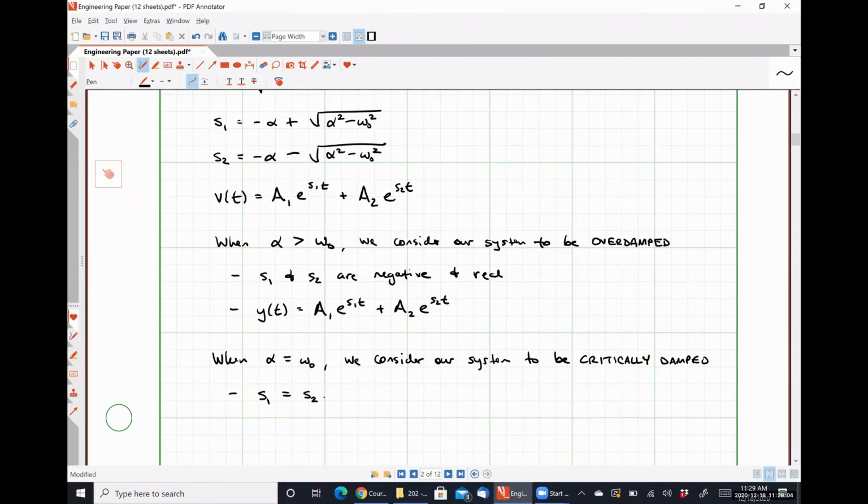Now that creates a little bit of a problem here, because if S1 and S2 are equal to each other, we could simply add them: A1 e to the St plus A2 e to the St would just be some new coefficient multiplied by e to the St. The problem with that is that there's no way we can satisfy two different initial conditions.